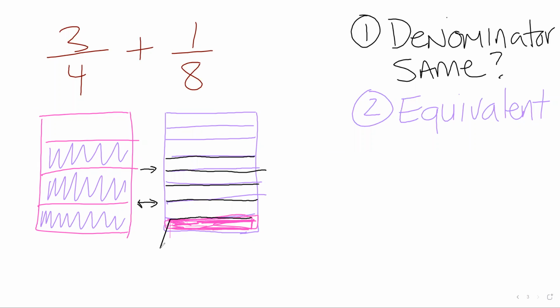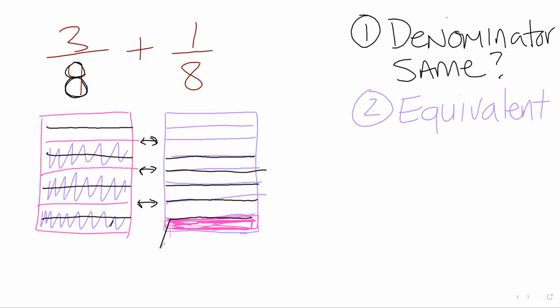This is where 4 and 8 are friendly denominators. Because all I could do here is take this and cut each one of these in half, and I've now made a new fraction. I haven't changed its value, but I have cut it into 8 pieces.